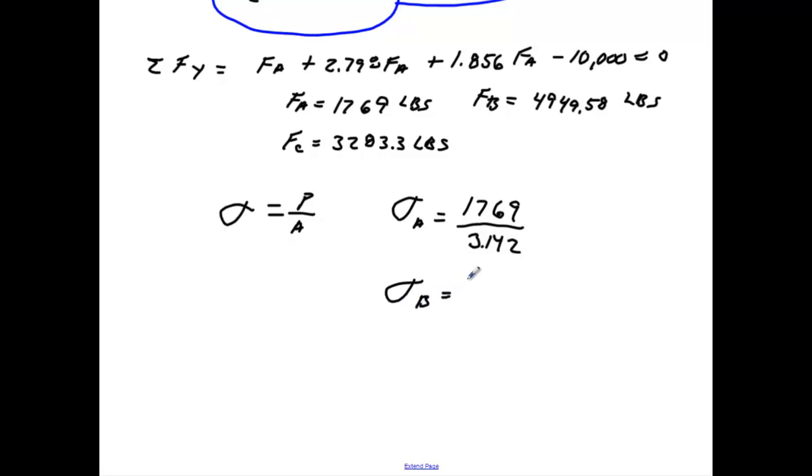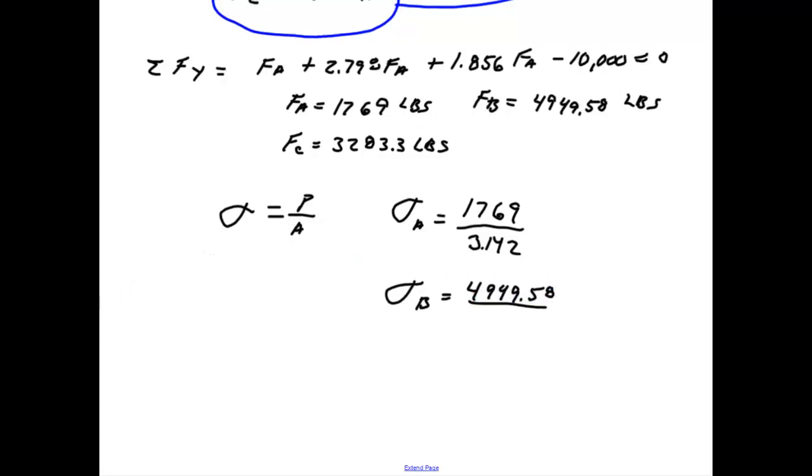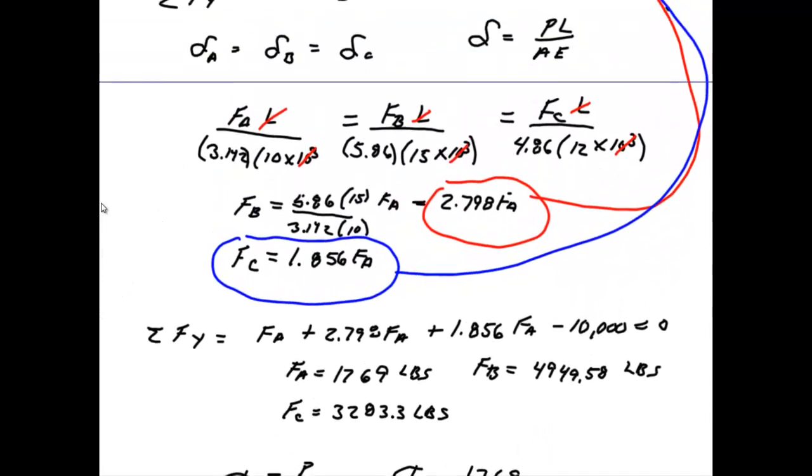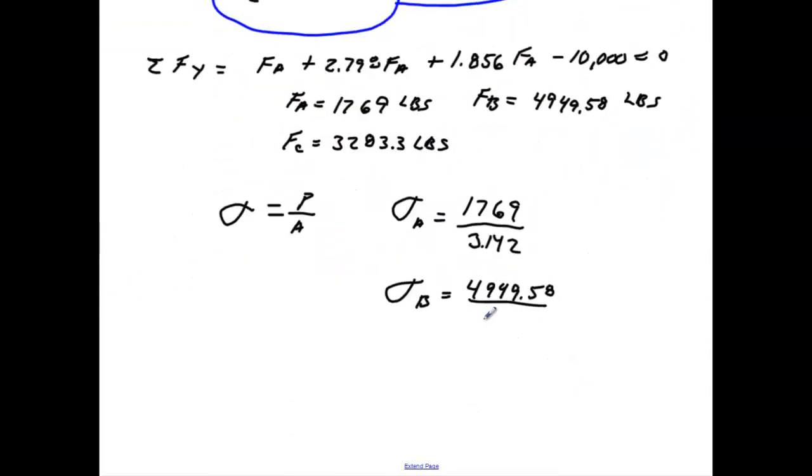For FB, you take the load at FB, 49.58, and divide it by the area of B, which is 5.86. And for the last one, FC, take the load, 3283.3, and divide that by the cross-sectional area of C, which is 4.86. Run those values and you're done.